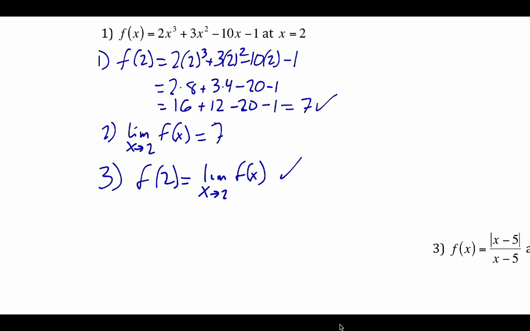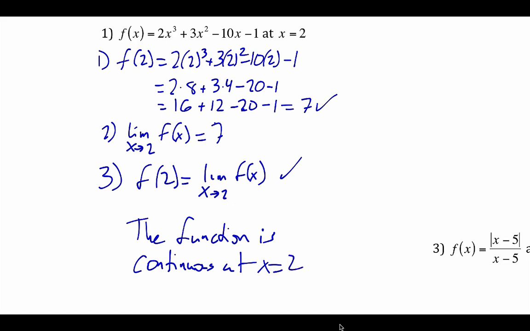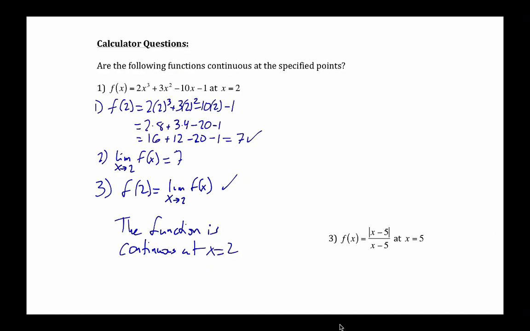So therefore, the function is continuous at x equals 2. So again, if the output and the limit are the same, then it's continuous.